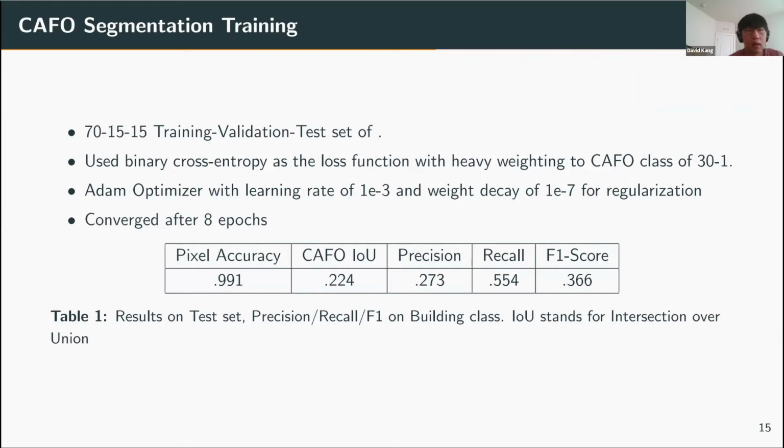And then here are the results of our segmentation training. We did a standard 70-15-15 training, validation, test split. And then you see the results here. The pixel accuracy is very high, but the IOU, the intersection over union, precision, recall, and F score are not as high as you would want, because in most segmentation tasks, a good score would be around the 80s or high 80s.